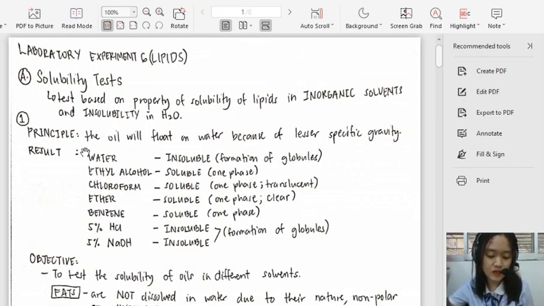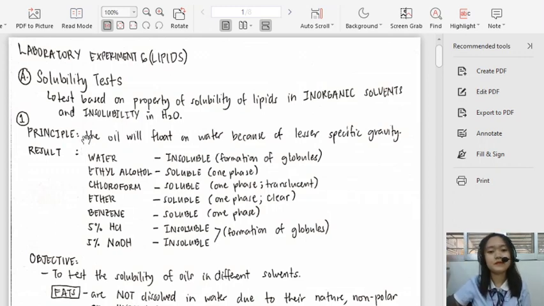You will take note of the time and the oil dissolved. Pero since hindi natin siya perform, we will not include the time, okay? So, ano isasama natin? If yung result niya, nag-dissolve ba yung cottonseed oil doon sa different reactants natin.